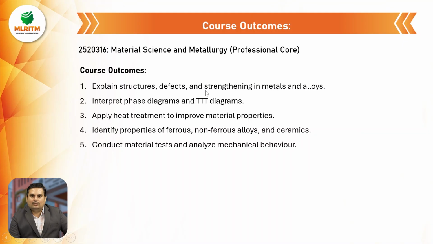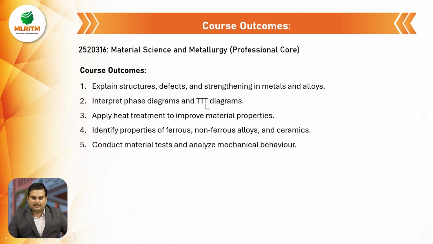After studying this course, the student will understand the course outcomes. Explain structures, defects in the materials, and strengthening mechanisms in metals and alloys. And they can interpret the phase diagrams and TTT diagram. The phase diagram is the iron carbon diagram.